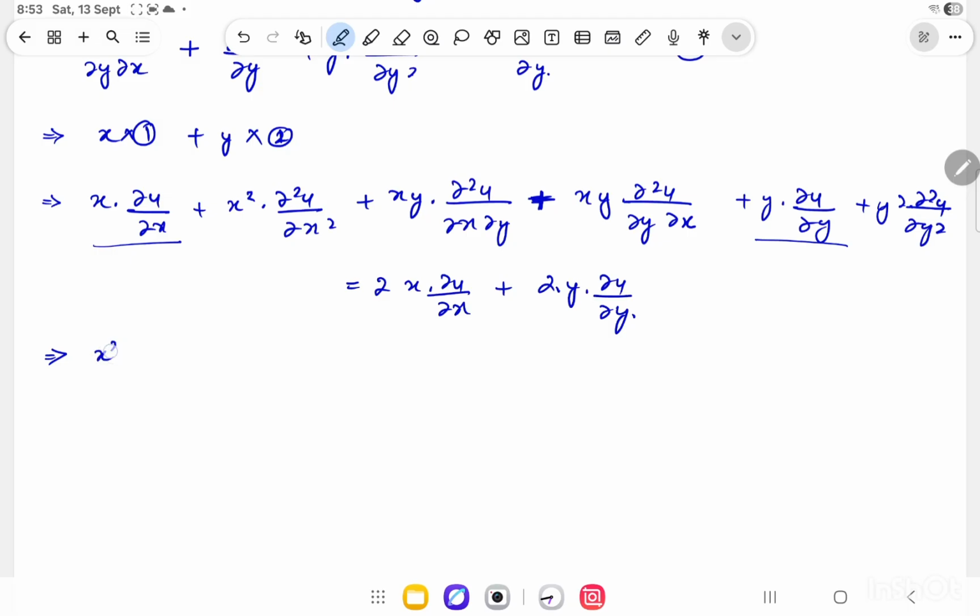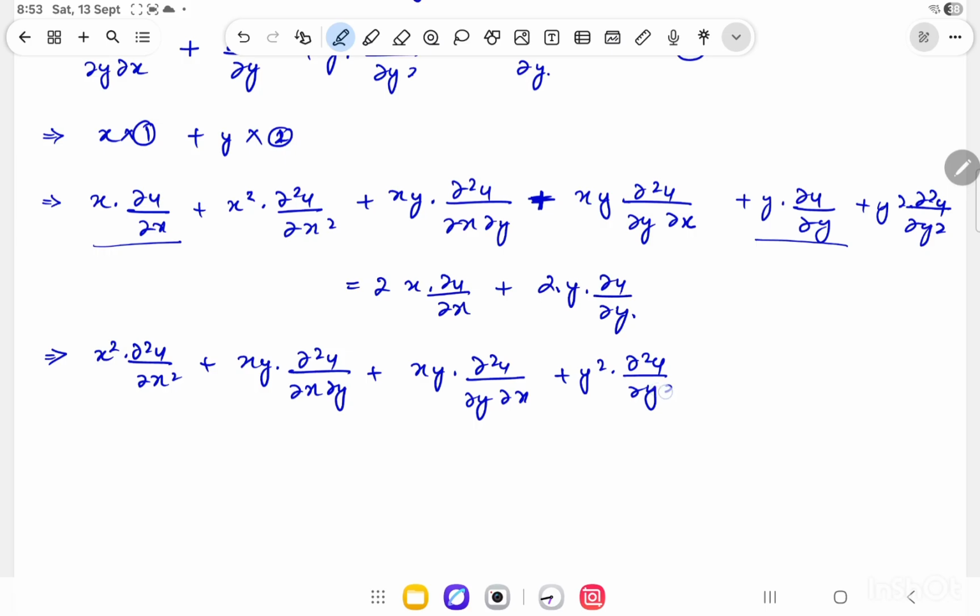So I'll get x square into del square u by del x square plus xy into del square u by del x del y plus xy into del square u by del y del x plus y square into del square u by del y square is equal to, we will be left with x into del u by del x plus y into del u by del y. This one balances, reducing this to x into del u by del x, and this balance reduces it to y into del u by del y.